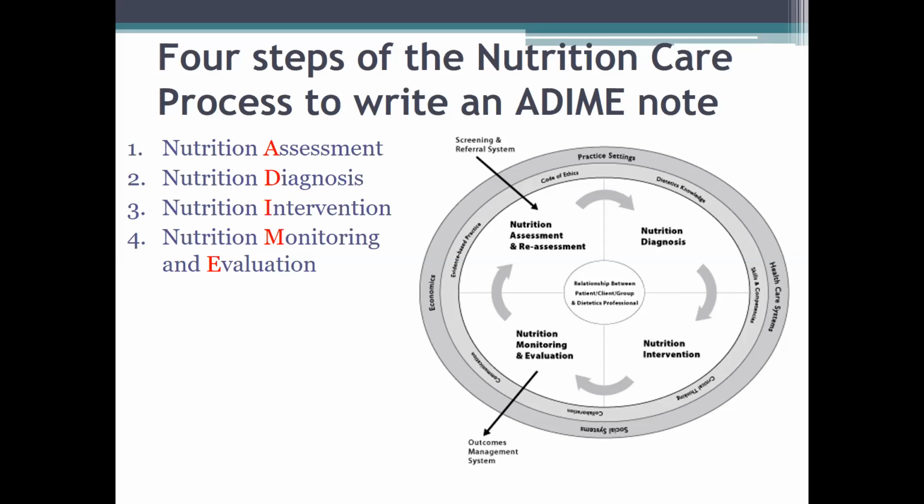So we have our assessment data. Let's really use critical thinking and figure out what the most important nutrition problems are, the diagnoses, because that's how we're going to intervene, right? If we know what the diagnosis or problem is, then we can design an intervention around that.